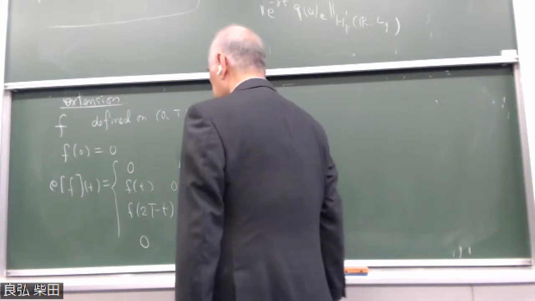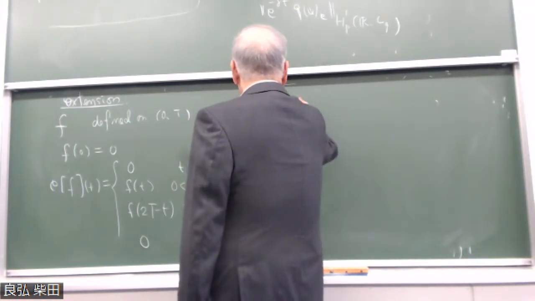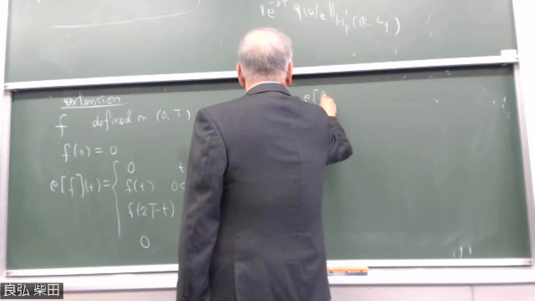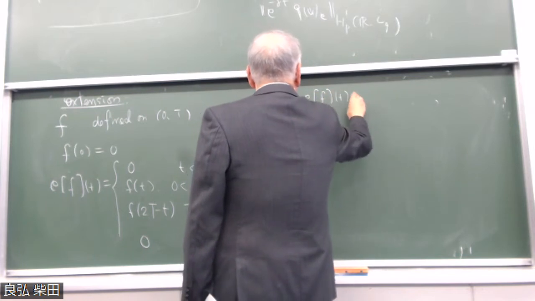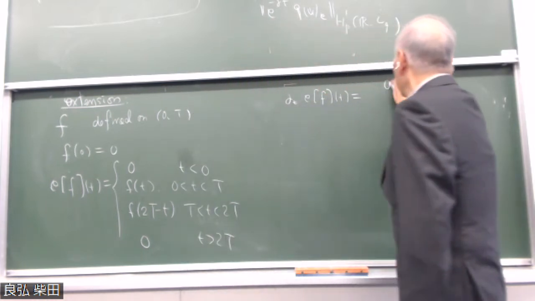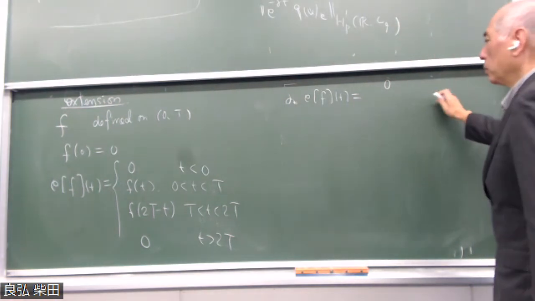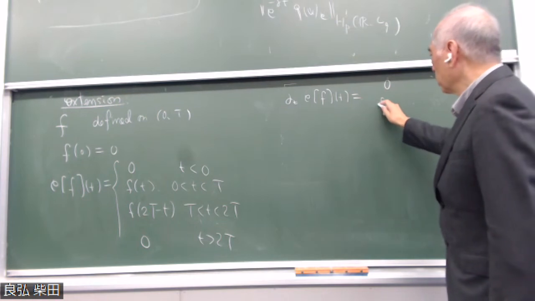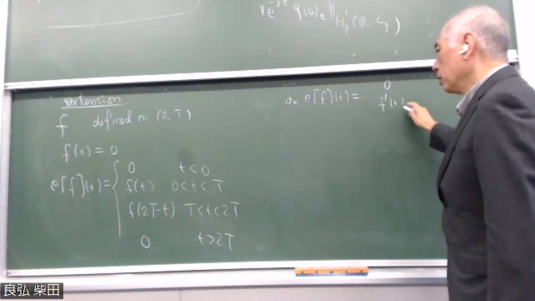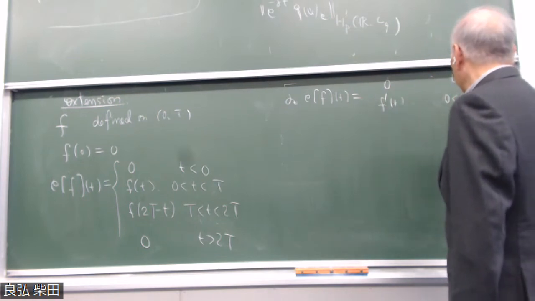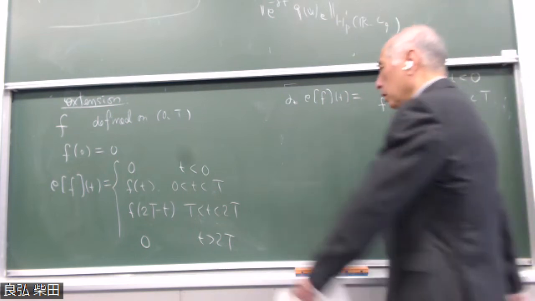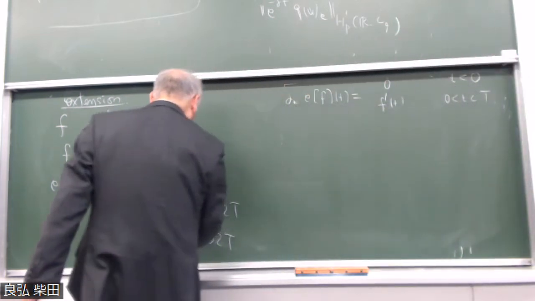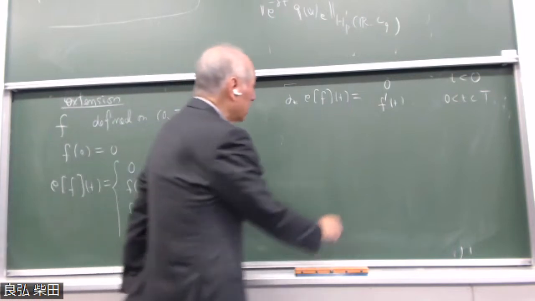So in this case, the time derivative of the extension of f is of course 0 for t negative, f prime of t for 0 to T, and then minus f prime of 2T minus t after that.